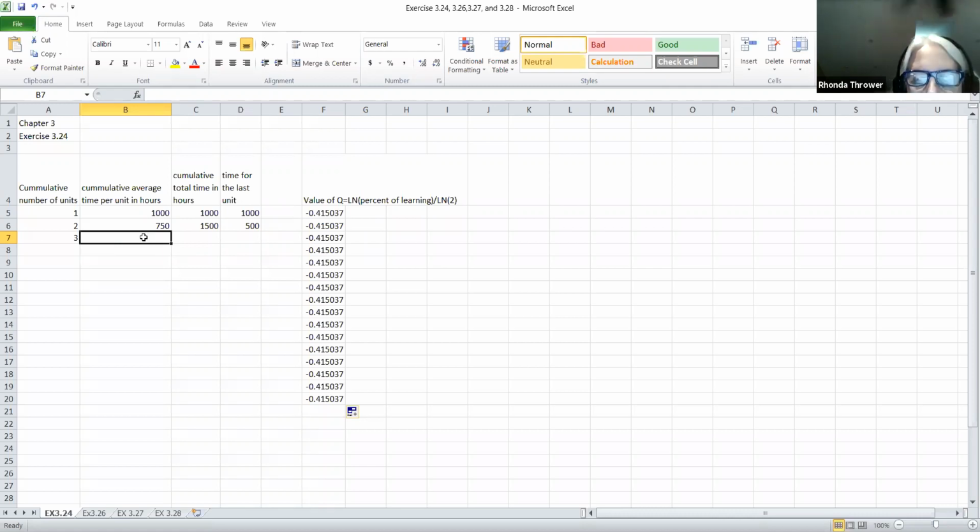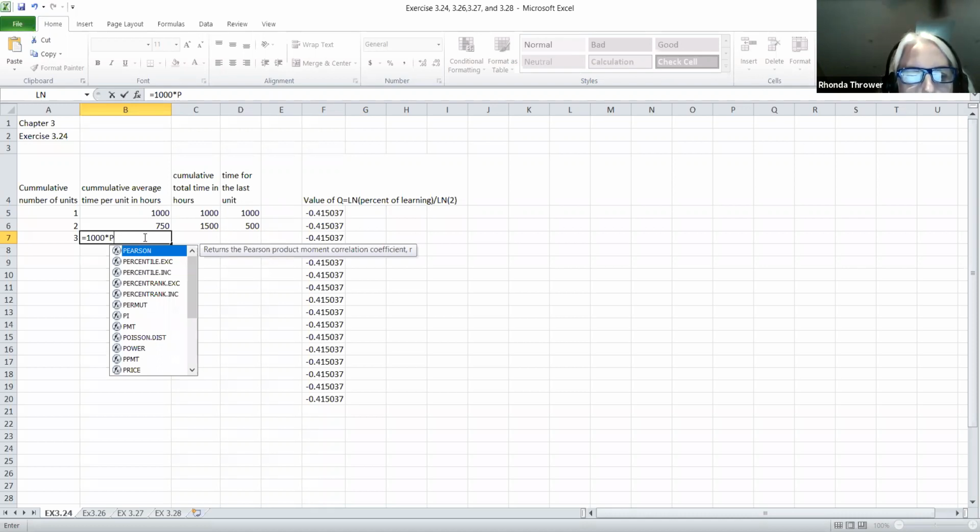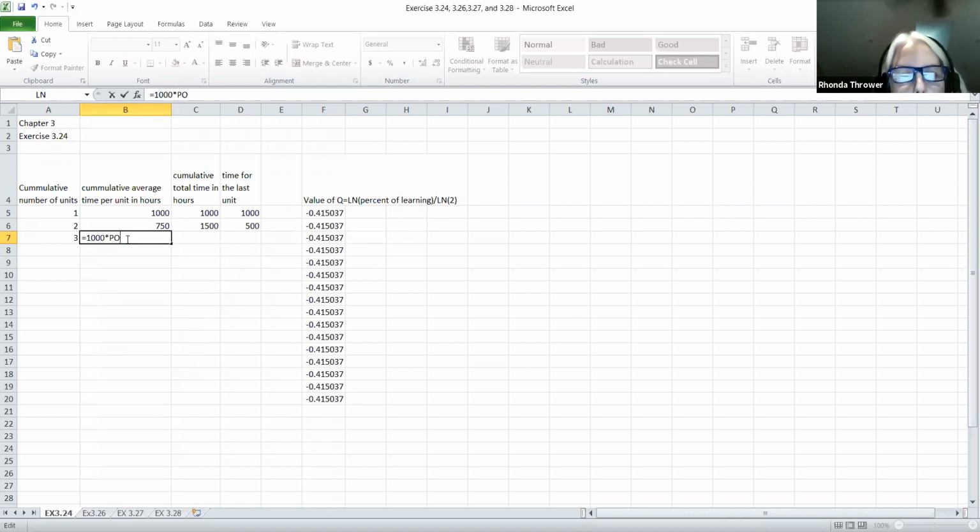And this formula is equals, because there were 1,000 hours of cumulative time, we're going to put in the cumulative time for 1 unit. And then we're going to multiply that, and we're going to put in the formula power, and I'm just going to type all that in because this is one way of doing it.